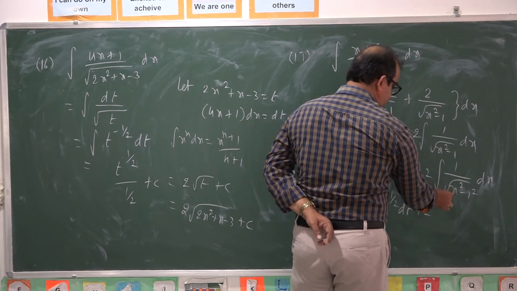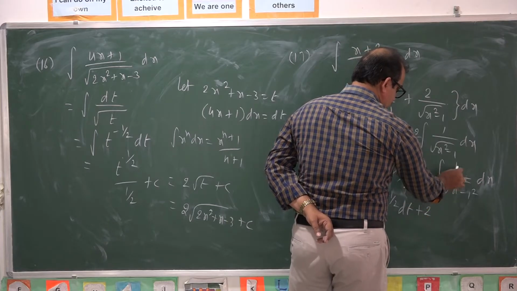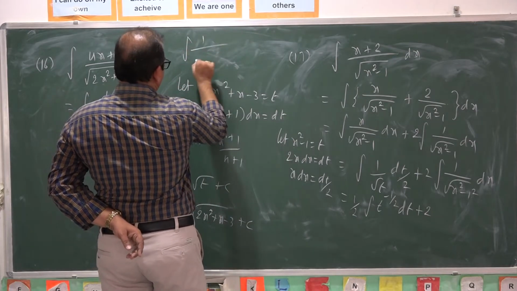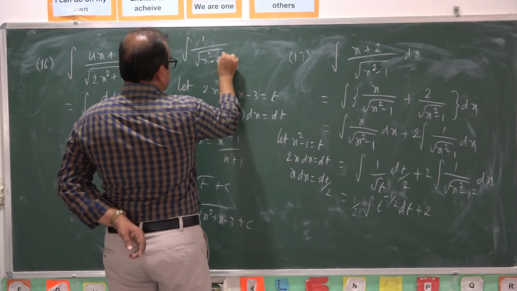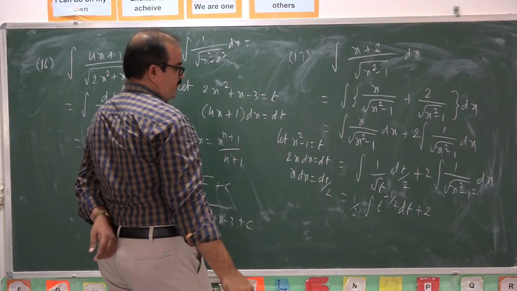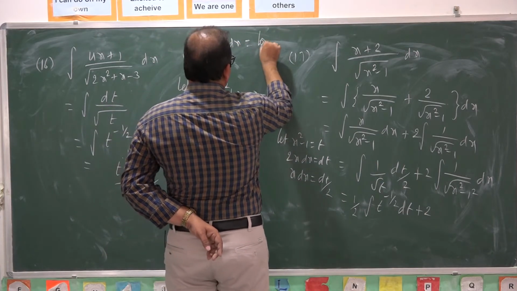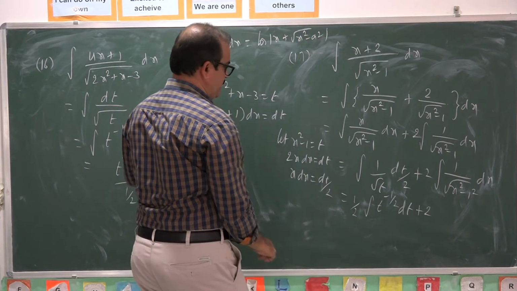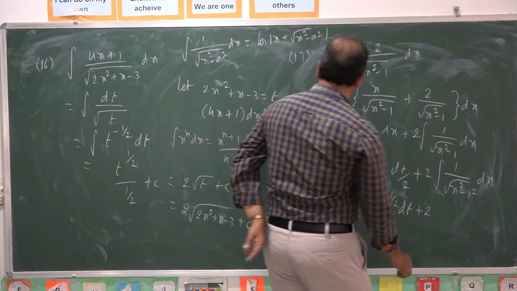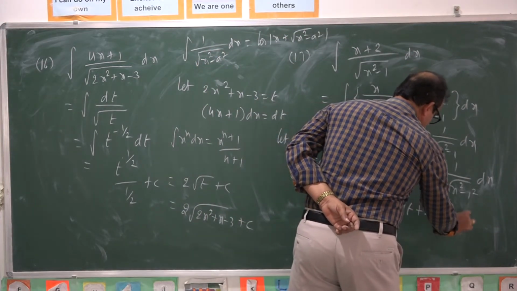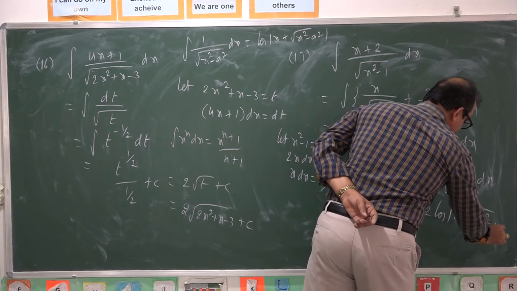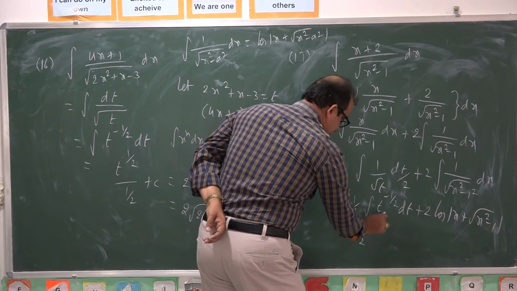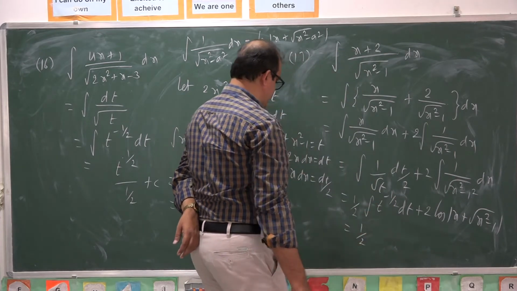It is in the form of integral of 1 by root of (x square minus a square) into dx. The formula of this is log of mod x plus root of (x square minus a square). Apply this formula. Here a is 1. So log of mod x plus root of (x square minus 1). Here integral of this is in the form of integral x power n into dx.